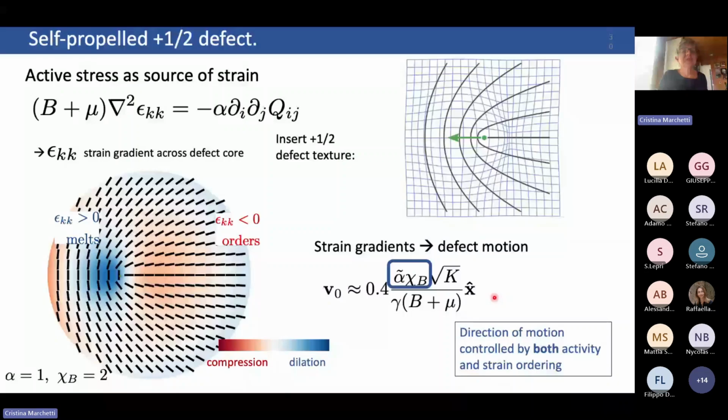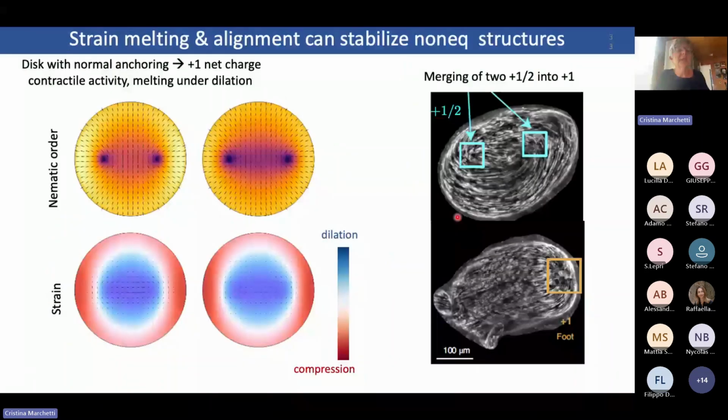So we have a mechanism for defect motion here, and the same mechanism, for instance, can stabilize defect structures that are not allowed in equilibrium, and might explain what is seen, for instance, the merging of two +1 defects, which is seen at the foot of Hydra.